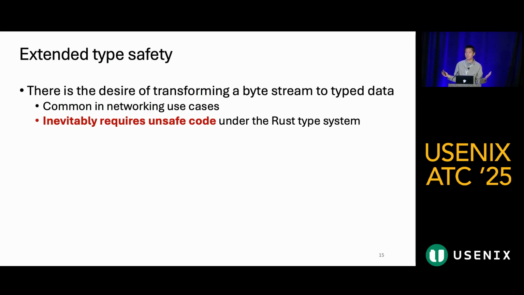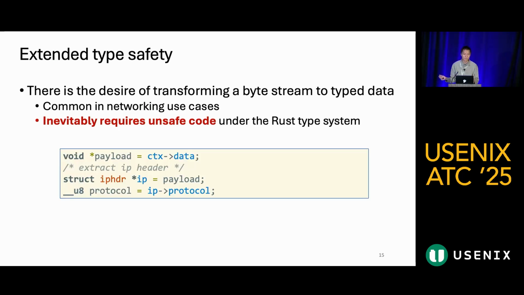In certain cases of kernel extension programming, there is a desire to safely transform a byte stream into typed data. This is really common in networking use cases, but it inevitably requires unsafe code under the Rust type system. Let's consider the following example. Say we have a payload, which is a byte stream, and we want to extract the protocol field of the IP header from this payload.